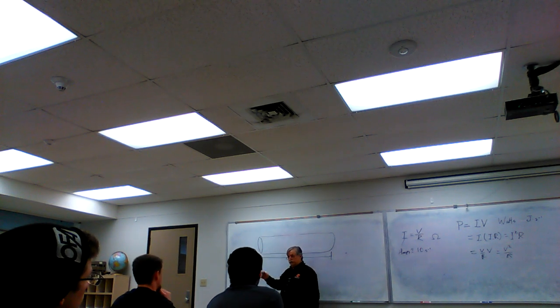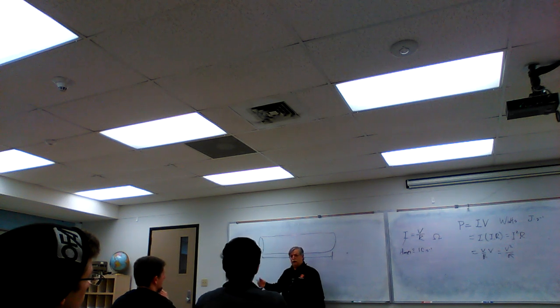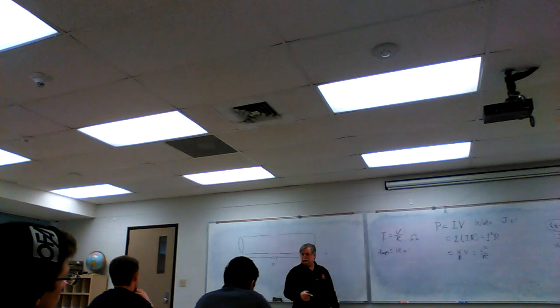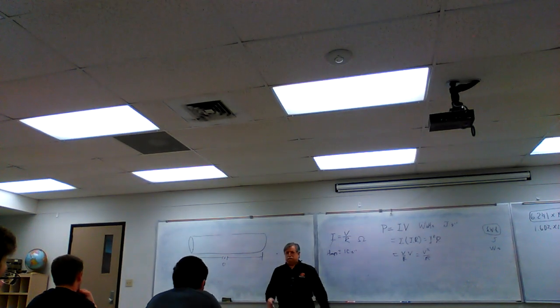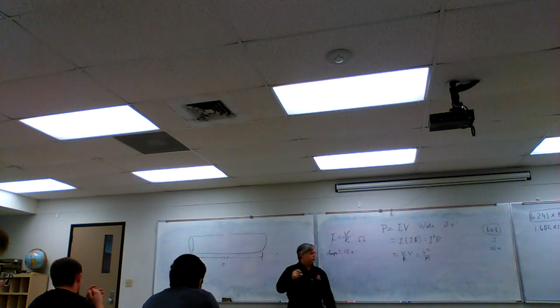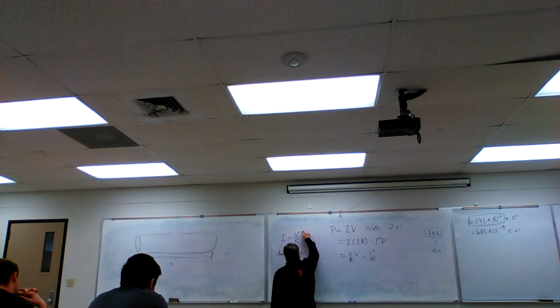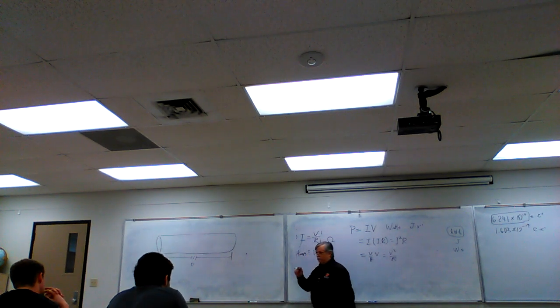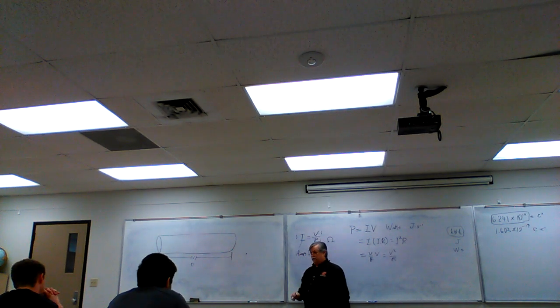If it were 0 ohms, how many volts would it take to produce an amp of current? No. 1 volt will produce 1 amp through 1 ohm of resistance.